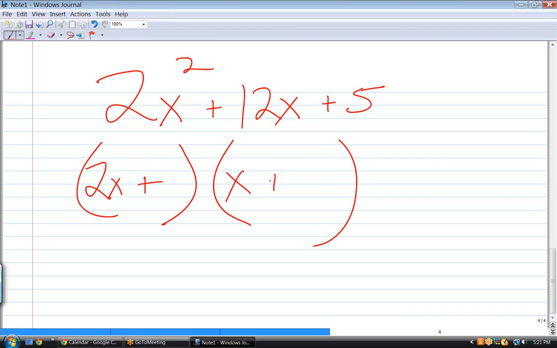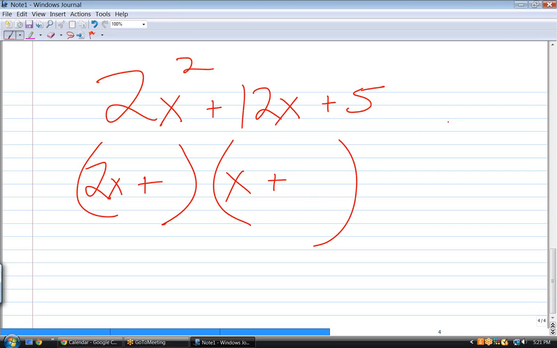Now, here's where it gets different. You can no longer say the third step is factors of 5 that do anything. It doesn't work that way. Once you get beyond the elementary quadratics, in other words, any quadratic that has a 1 here, then those rules kind of go out the window for the third step. But all you have to do is use a little trial and error.